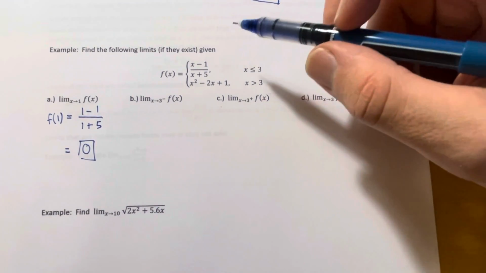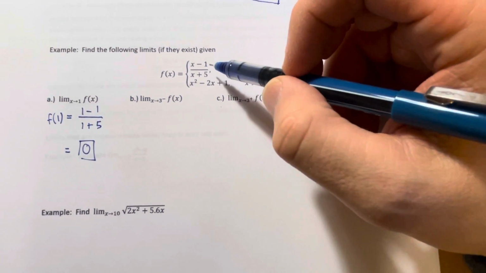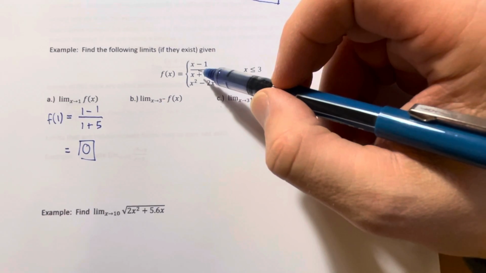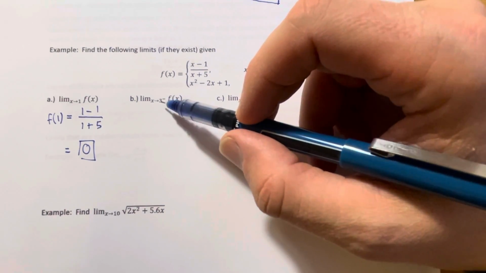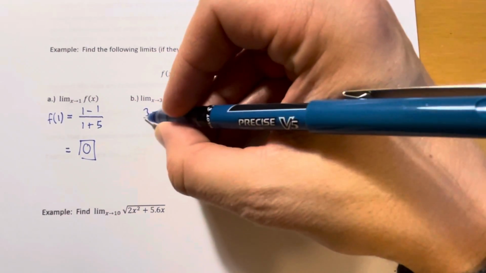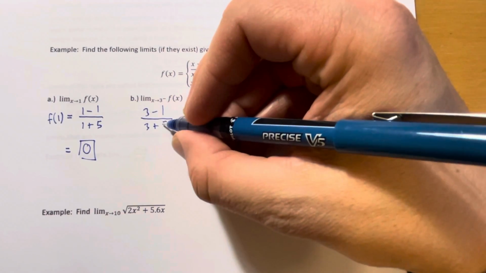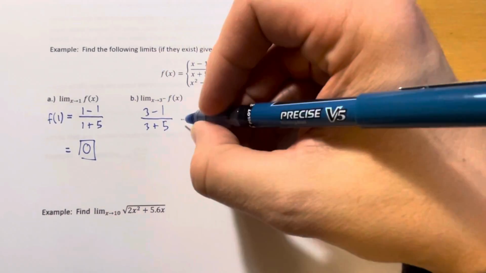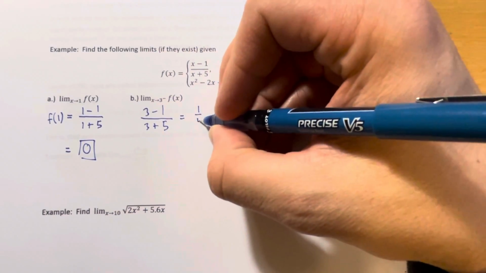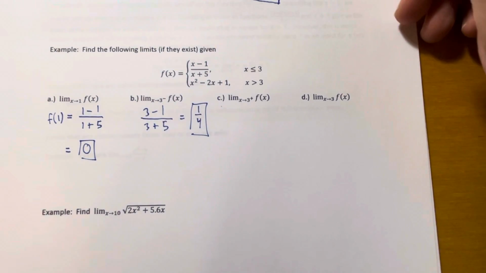And again, because we are still dealing with a rational function, I can evaluate this limit simply by plugging 3 directly into the function itself. 3 minus 1 over 3 plus 5. Okay? This is equal to 2 over 8, or 1/4, after simplifying. Okay?